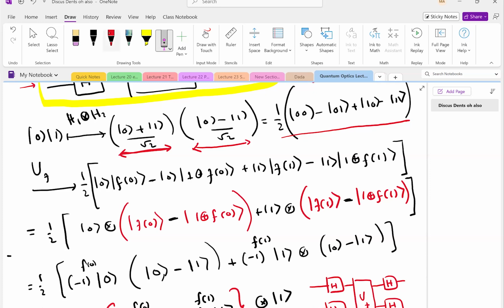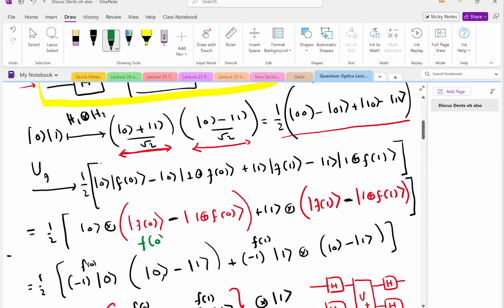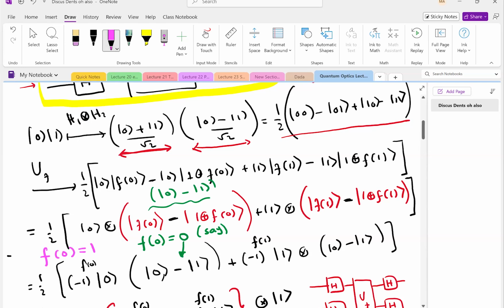So let's suppose that f of 0 is 0, say. So this term would become 0 minus 1. And that's what I've written over here. Suppose, on the contrary, that f of 0 is 1. This term would then become ket 1 minus 0.